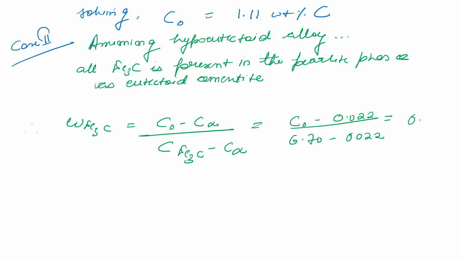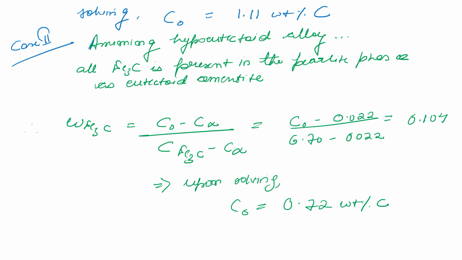This should give me 0.104. So upon solving this, we have C naught as 0.72 weight% carbon, which is very close to the 0.76 weight% carbon of the eutectoid composition. So we have two answers for this question.